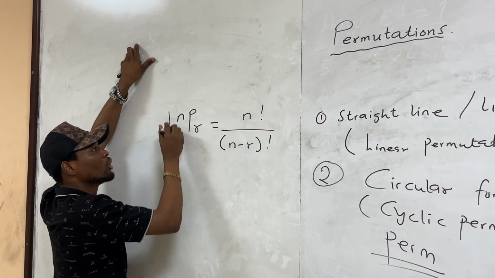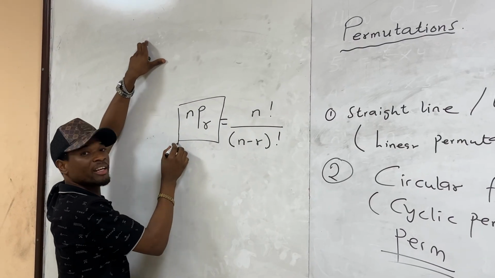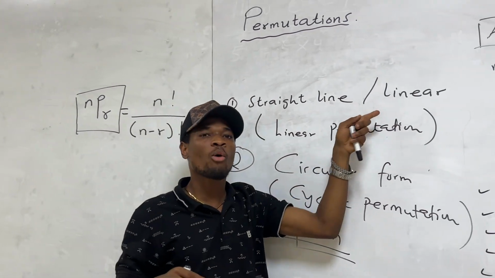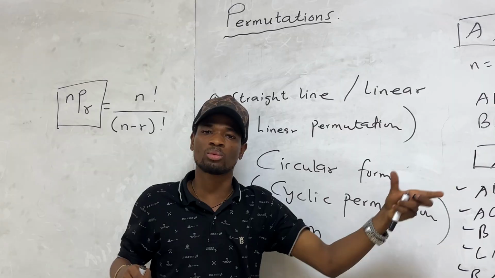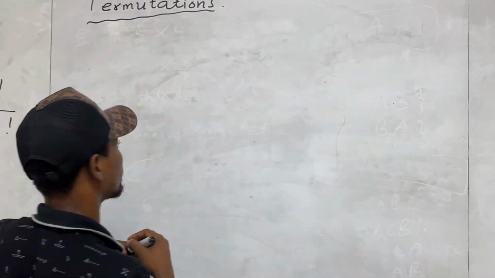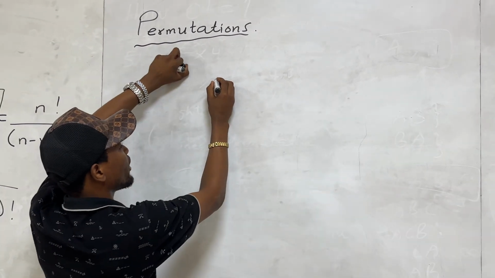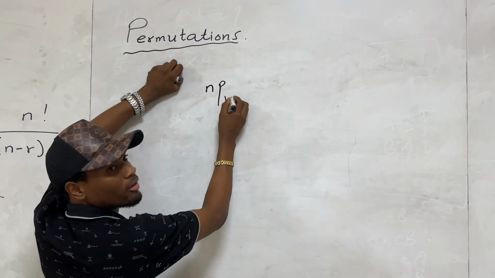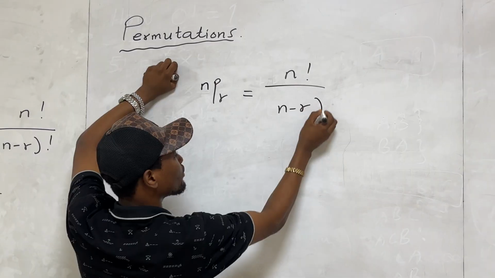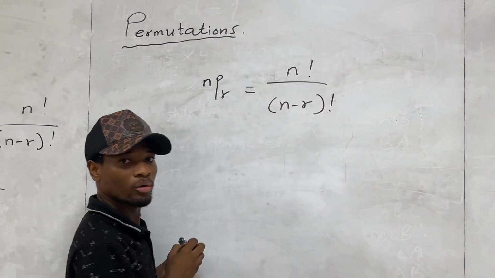So this means we are doing the arrangement of the items in a straight line, in a linear way, taking into account the order of arrangement. So we said n permutation r is given by n factorial over n minus r factorial.